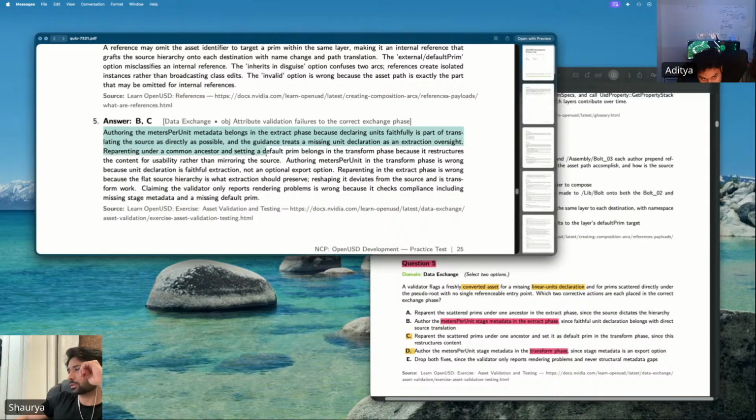Reparenting under a common ancestor and setting a default prim belongs in the transform phase because it restructures the content for usability rather than mirroring the source. I see.